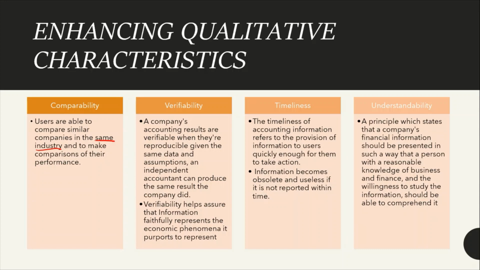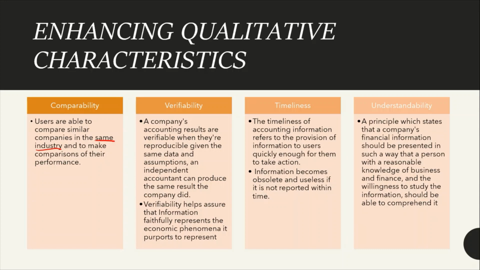So timeliness is that you must report the event quickly so that the information is useful rather than obsolete and useless. The information reported must be current, must be reflective of the event so that the users can make decisions.